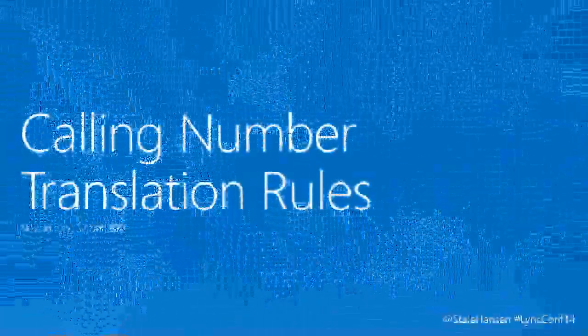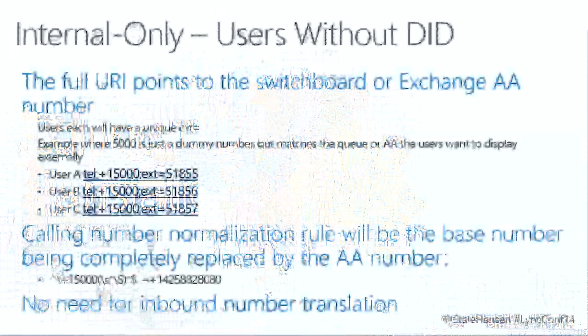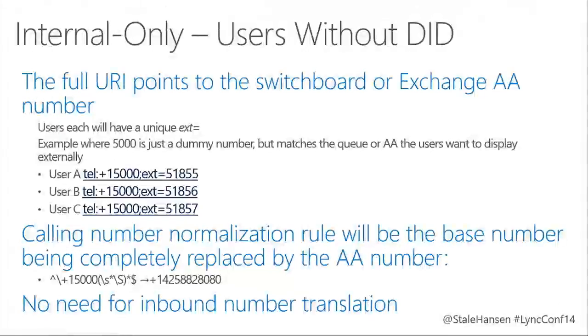Well, there's another solution for that. You can use calling number translation rules, which is new in 2013, so not so new anymore, where it's the same concept, and you just give a dummy number to the switchboard users or call center users and give them different extensions. So you don't give them the same base number, but any number.